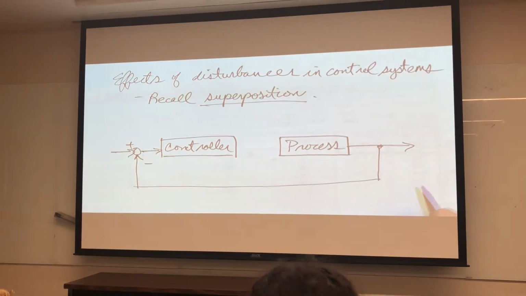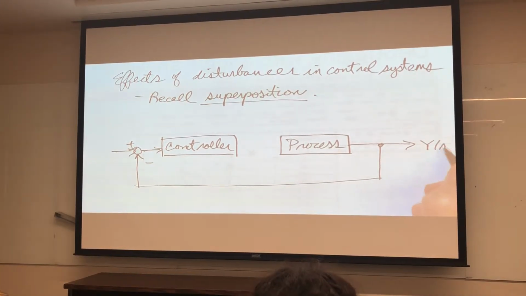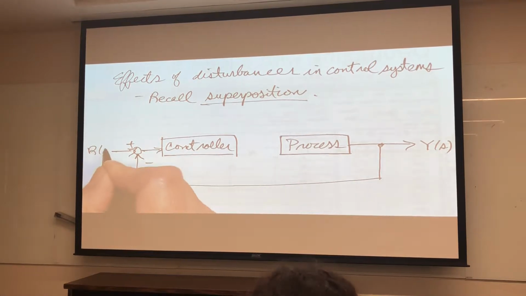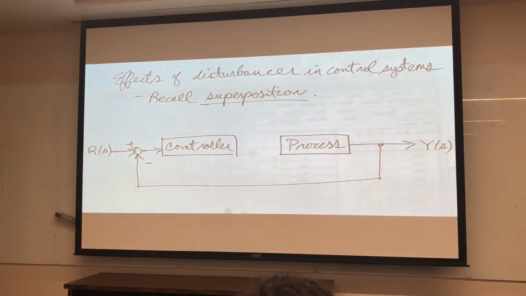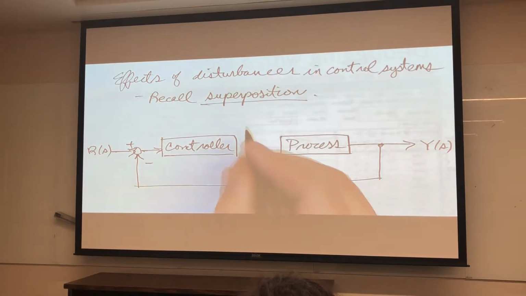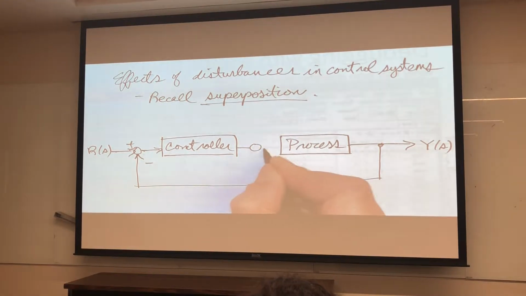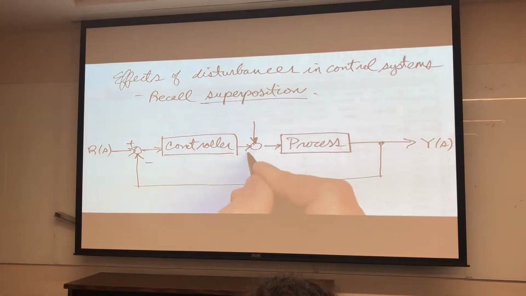And then we're comparing this output to the reference behavior. If there's an error here, then the controller makes some sort of corrective action. But today what we're going to do is consider that there may be some effect here that's undesirable.